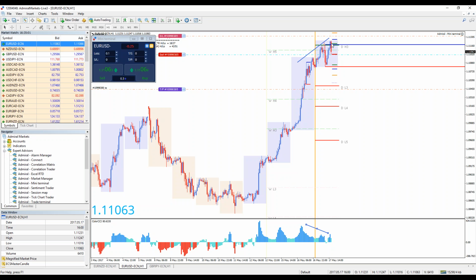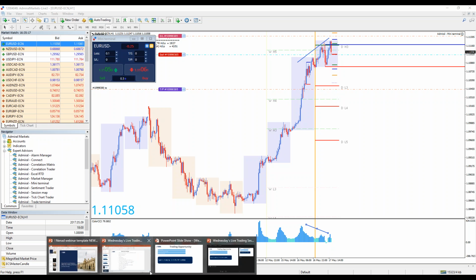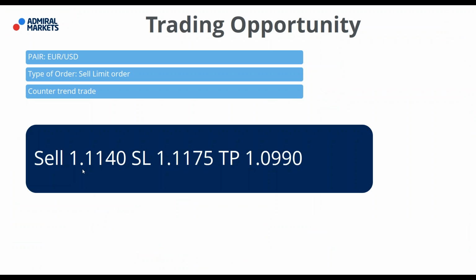This is the first position that I make. If it hits a stop loss, I will sell at 1.1040, making 1.1140, and 1.1175 will be the stop loss. If I see that the price respects my primary trade, then I will buy at 1.1050. So you see, it's either 1.1140 sell or buy at 1.1050.